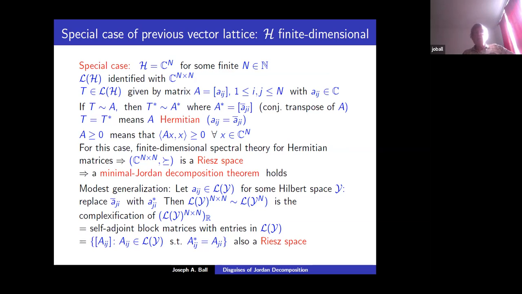Hermitian matrices. Then I like to do the modest generalization where the matrix entries, instead of being complex numbers, are operators on some auxiliary Hilbert space Y. And instead of a_ji bar, we take the adjoint of a_ji.